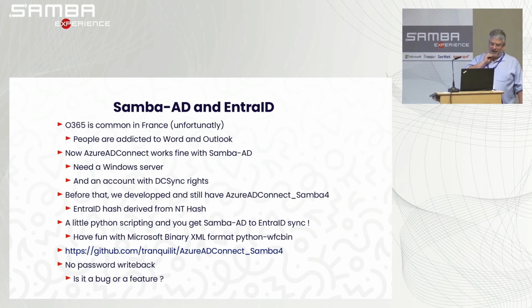It's just that Microsoft binary XML is not the easiest protocol to work with, and not always very well documented. We also have a GitHub repo for that. And if you try to use it, you'll see that there is no password writeback. Is it a bug or a feature? I trust my local Active Directories more than someone else's computer, so I prefer to do it that way.